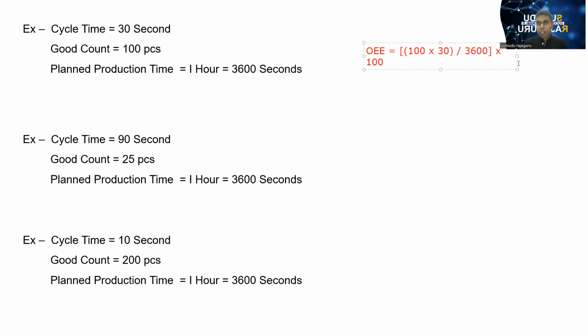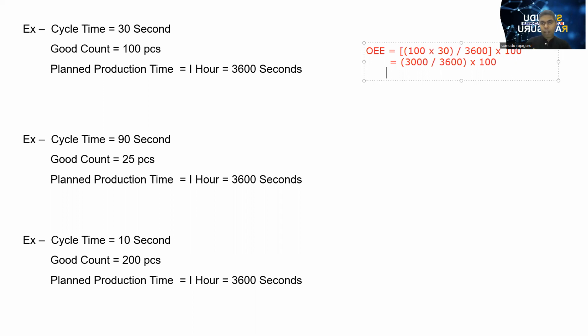So what is the answer? 100 into 30, okay, so I am simplifying. 100 into 30 means 3,000. So 3,000 divided by 3,600, then multiply by 100.